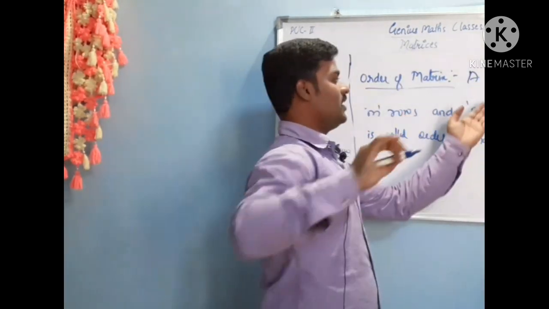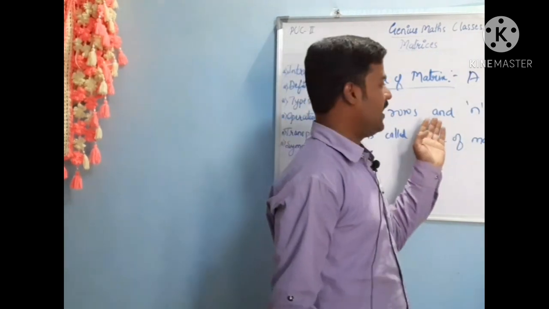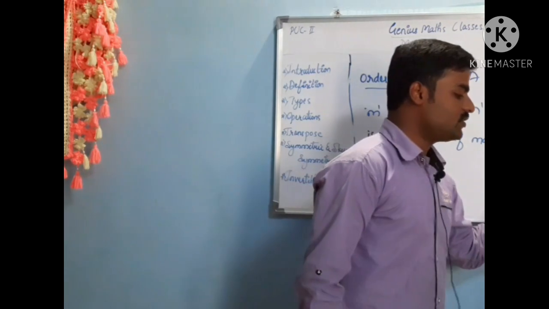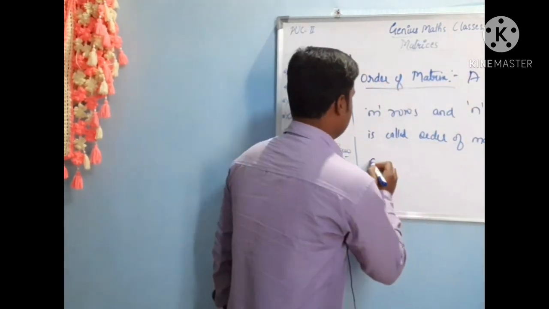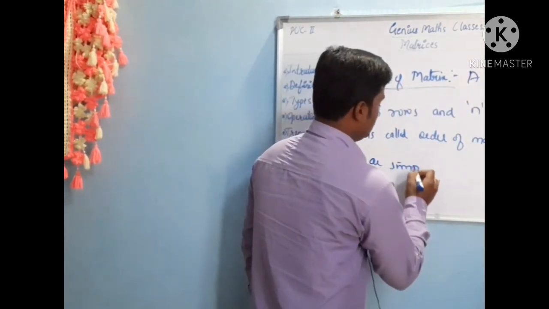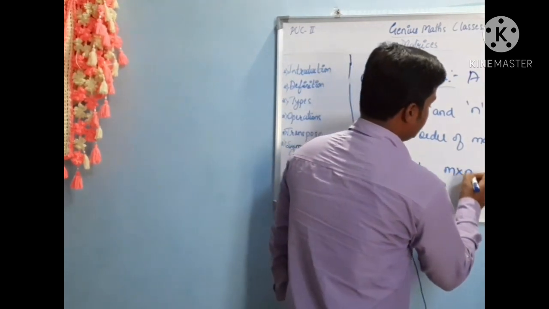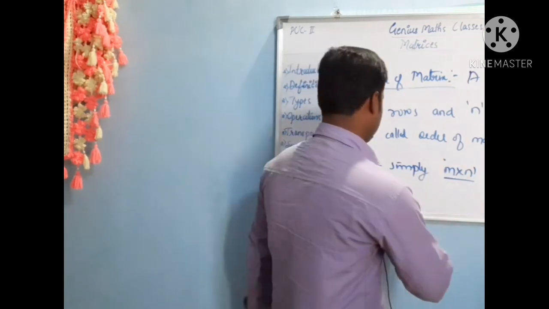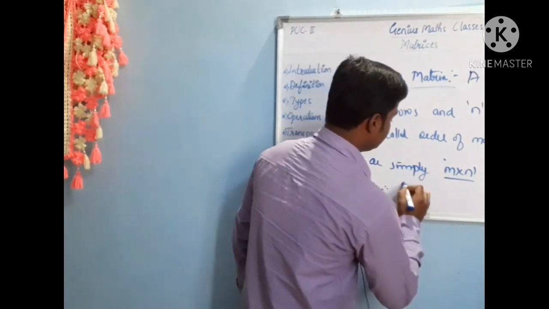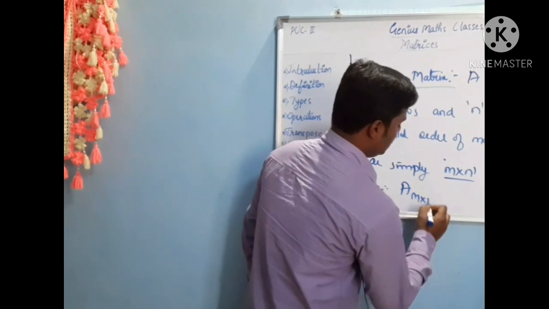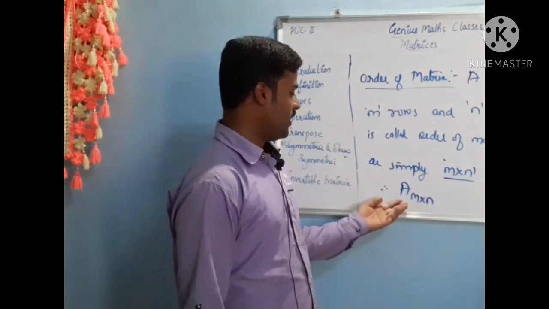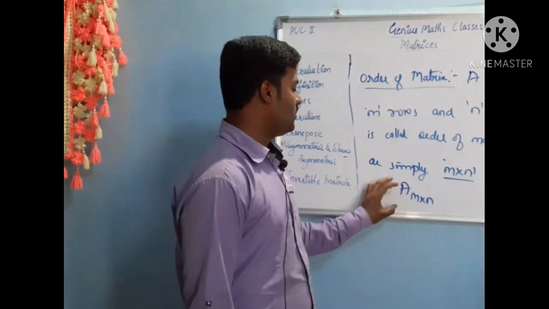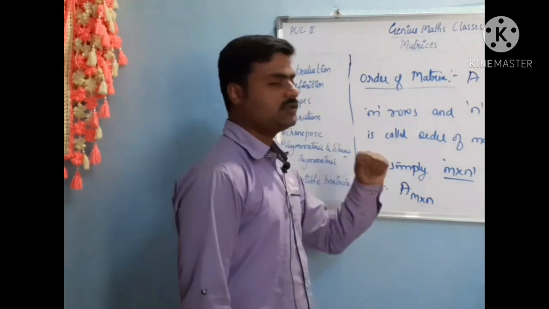So we know that a matrix having m rows and n columns is called an order m cross n matrix, or simply we can write m cross n matrix. How do you represent this? For example, A of m cross n matrix. We can easily write it like this, so that it is nothing but the order of the matrix.